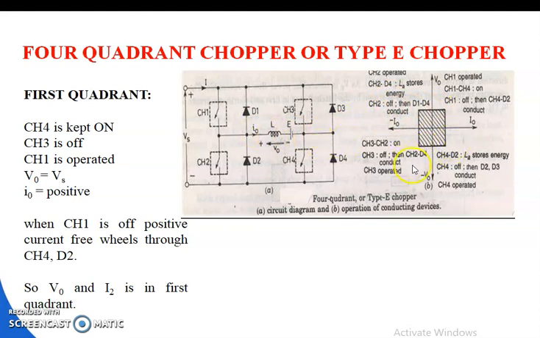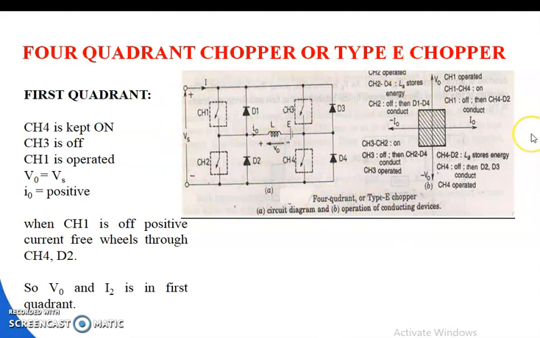Then coming to the third quadrant operation, CH3 and CH2 are on, and then CH3 is off, then CH2 and D4 start conducting. The path of the current will be like this. Then CH3 is operated, and then CH4 and D2 start conducting. In this way, the path of the current will be like this. And then CH4 will be off, then D2 and D3 start conducting by reversing direction. The path of the current will be like this.